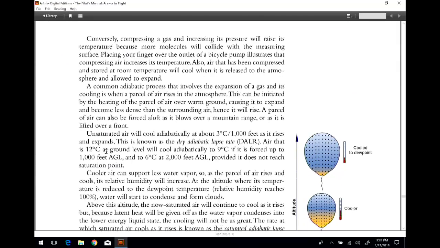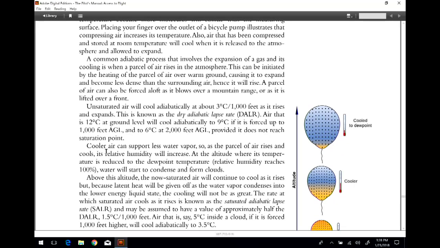It's similar to this with the adiabatic process. So if you look at this here, you can read this. The adiabatic process involves the expansion of a gas and its cooling when that parcel of air rises in the atmosphere. And a lot of things can cause that.